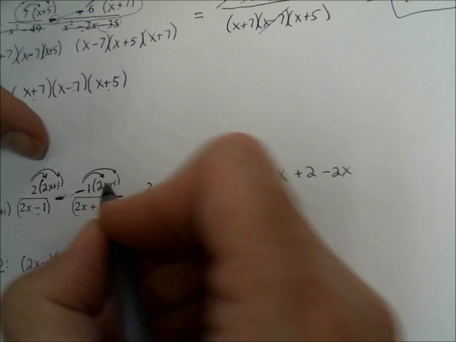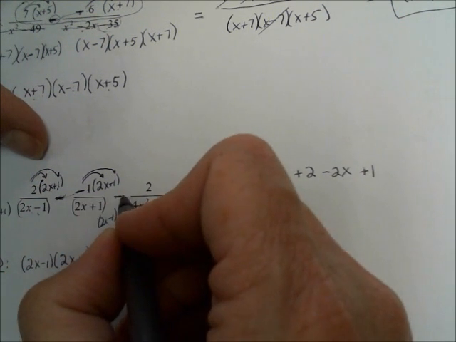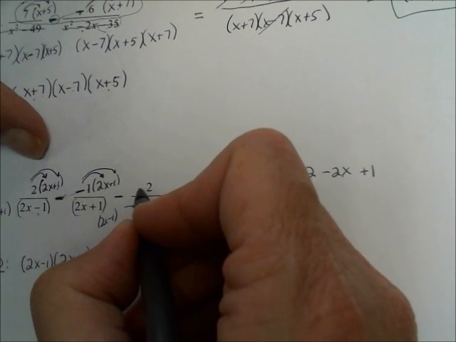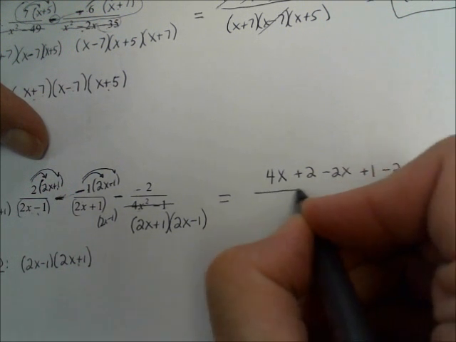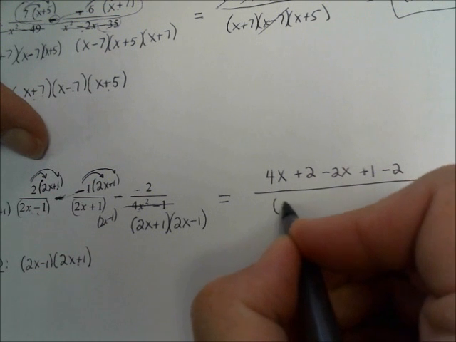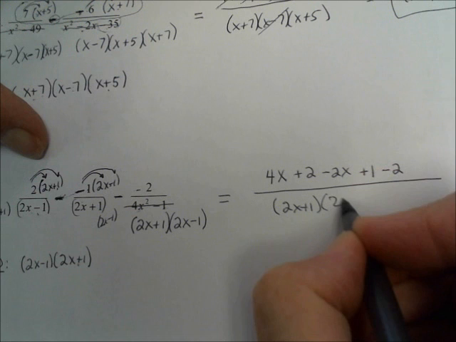Negative 1 times negative 1 is positive 1. And then we have this negative here, which is going to be next to our 2, so we have a minus 2. And there's the whole 3 numerators all together as 1, and the denominator just has a 2x plus 1 times 2x minus 1.